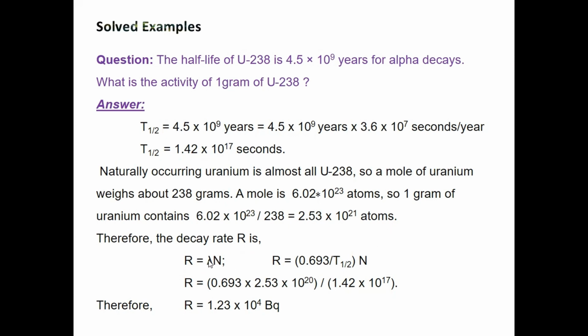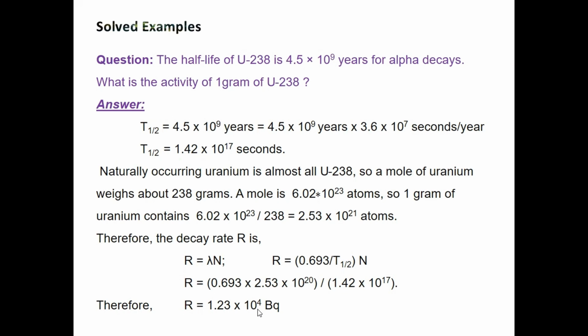So we get the atoms in 1 gram. Therefore, the decay rate, which is lambda times N, is 0.693, which is natural log of 2, divided by the half-life, multiplied by the number N, and when we substitute all this, we get this answer. This answer is the number of decays per second, and the number of decays per second is called becquerel, and the notation is Bq.